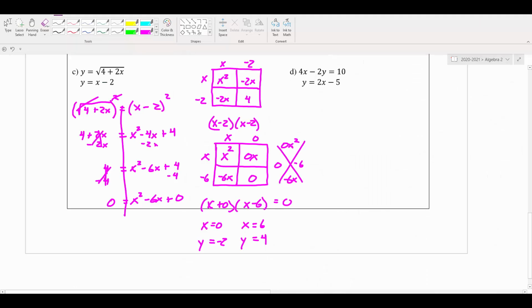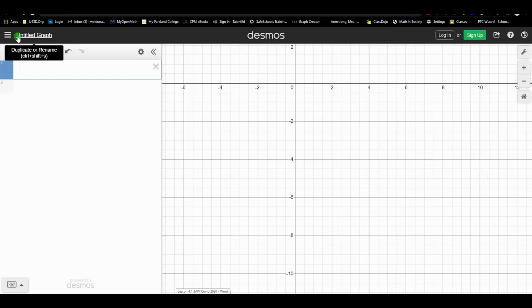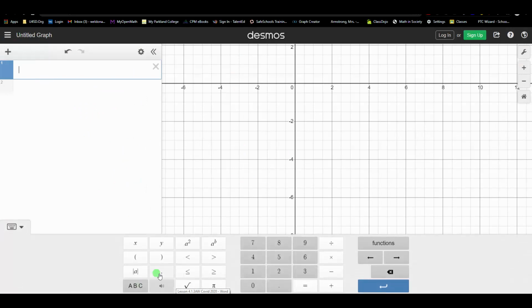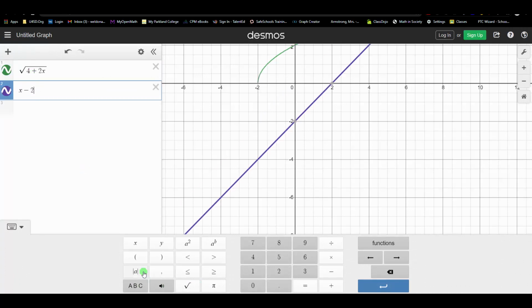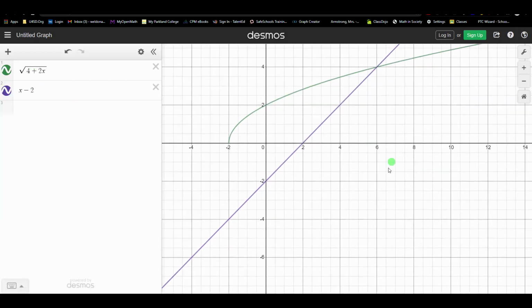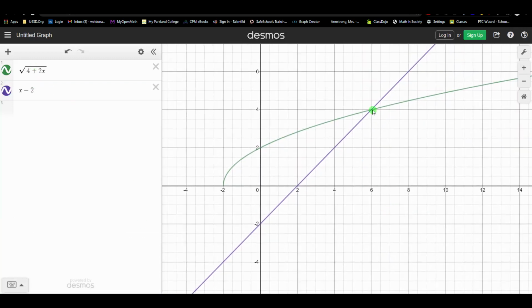All right, so we had 4 plus 2x, the square root. And then we had x minus 2. There we go. So I got them both graphed. And let's see here. There's our solution at 6, 4. All right, so that was one of our solutions.